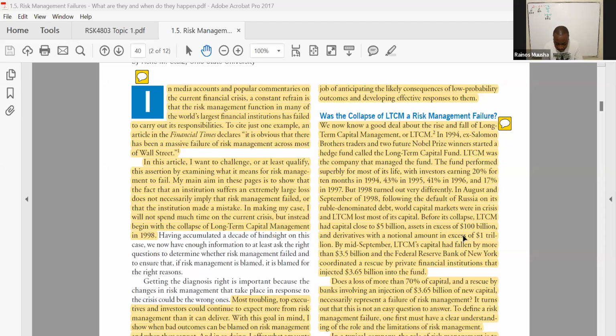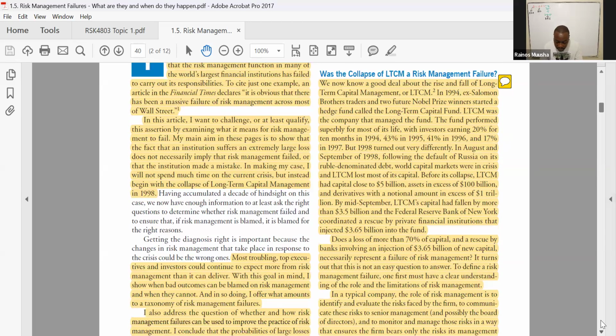So here they say, by mid-September, LTCM's capital had fallen by more than 3.5 billion, and the Federal Reserve of New York coordinated a rescue by private financial institutions that injected 3.65 billion into the fund.